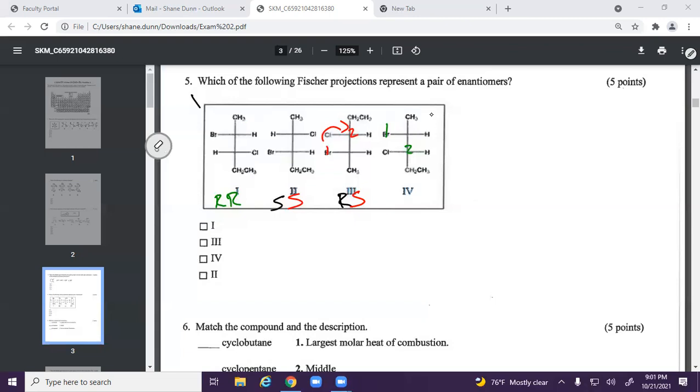Technically, this one's going this way, and that's an R. Then 1, 2, 4, 3. That's normally S, but it becomes R. So which ones are exact opposites? 1 and 2.